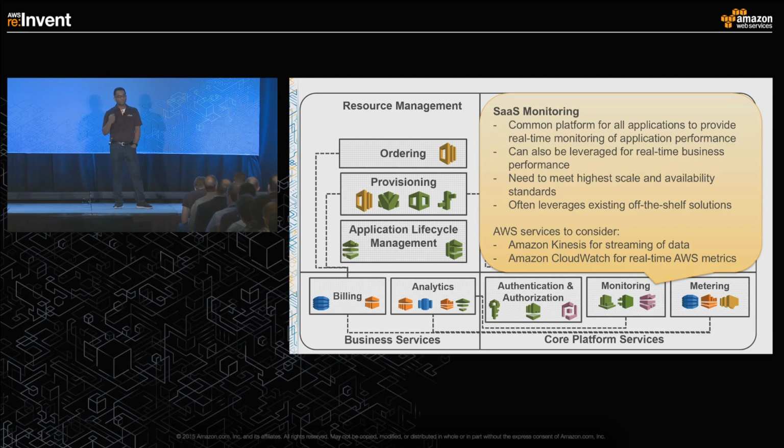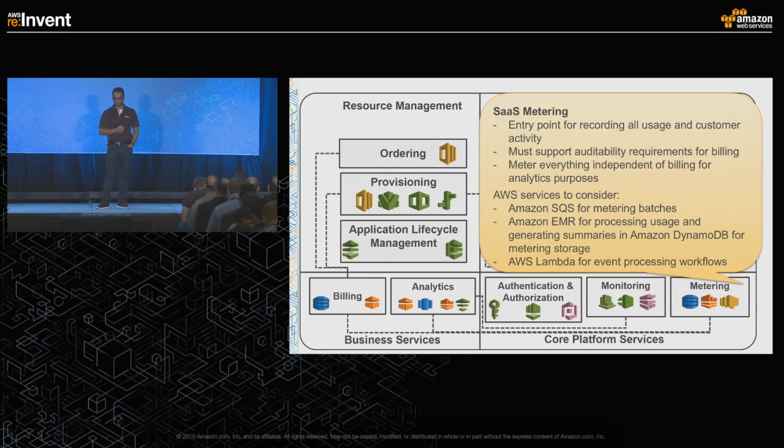You can, again, certainly take advantage of third-party options here. There's numerous vendors in this space. And as far as AWS services, you can use Kinesis Streams to get real-time data from various parts of your application. And you can use CloudWatch to get access to various metrics about the infrastructure that hosts your SaaS solution.